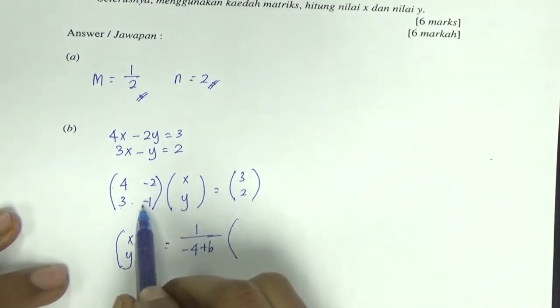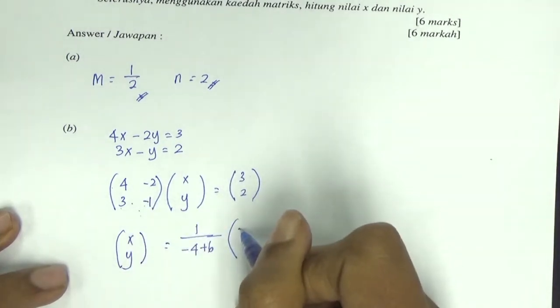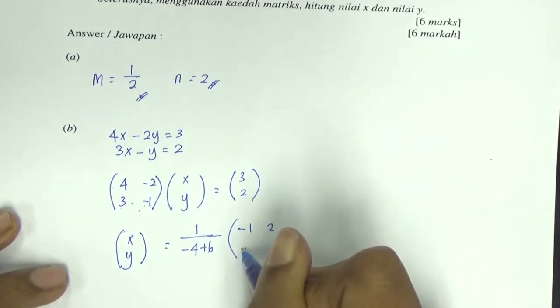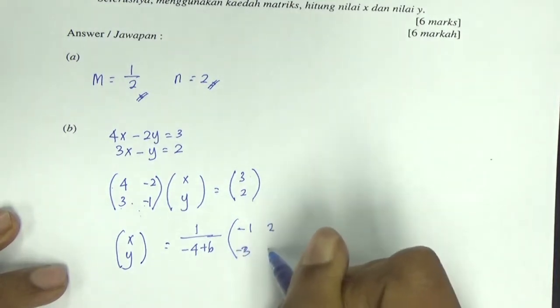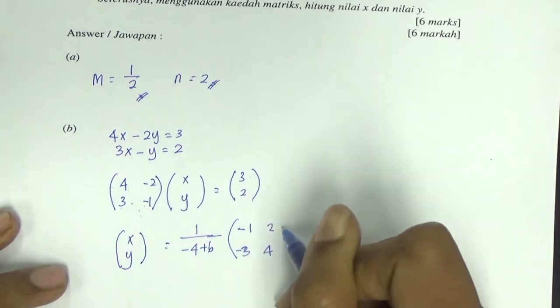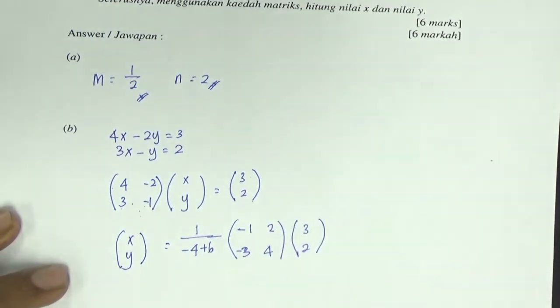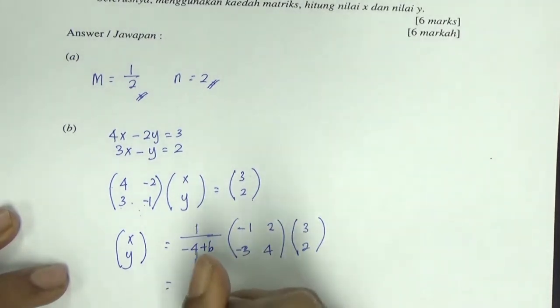Then you need to inverse this: negative 1, 2, negative 3, 4, times 3, 2. Okay, so we can solve this.